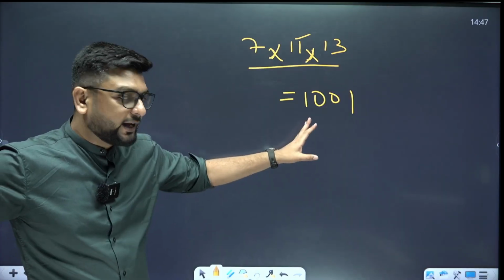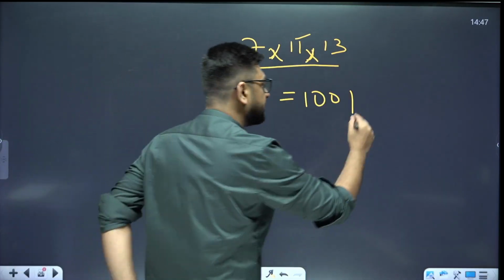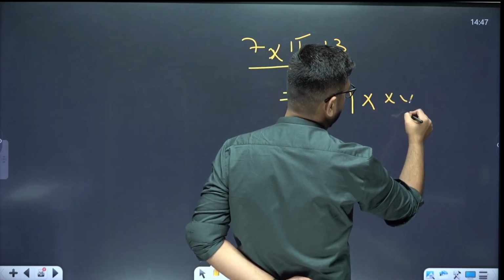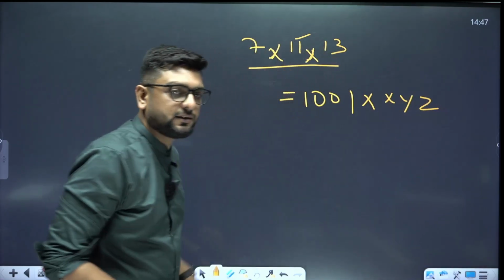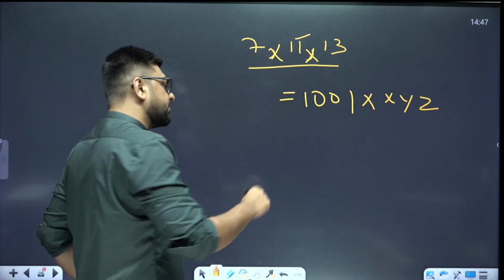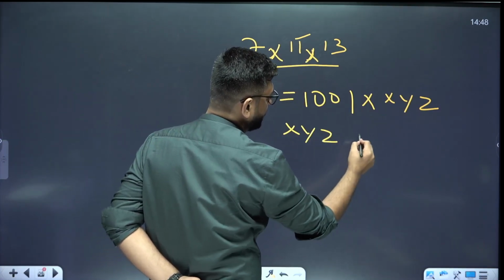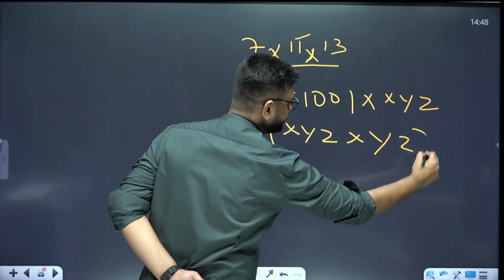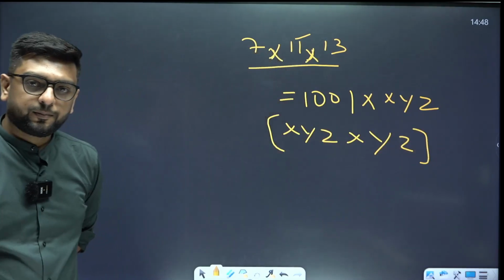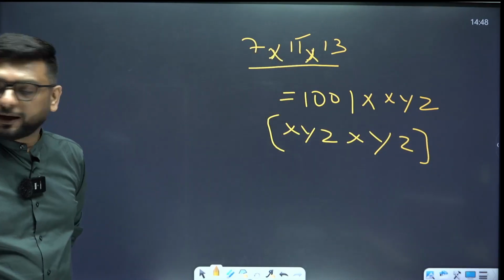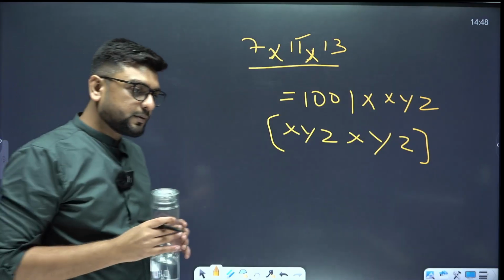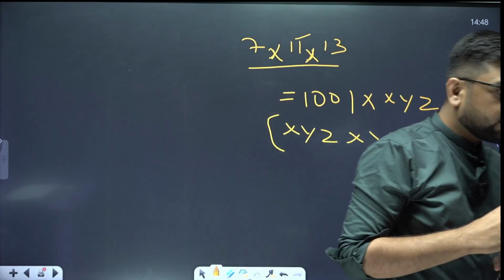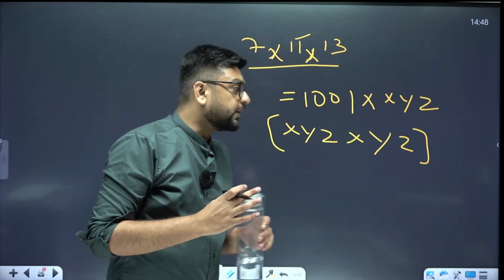Okay? Why is this the favorite topic of UPSC? When I multiply a 3-digit number here, let's suppose I am multiplying xyz by 1001. This will be my whole number, xyz xyz.